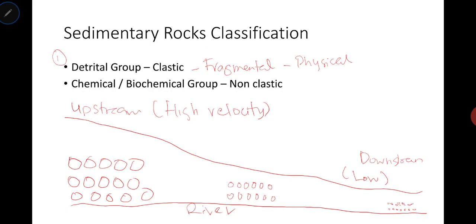So to understand the detrital group or clastic, the sedimentary rock forms due to the size and the shape of the rock fragment from weathering process.